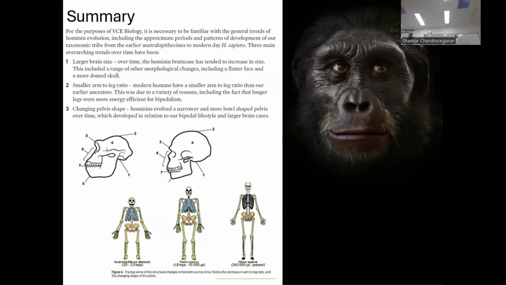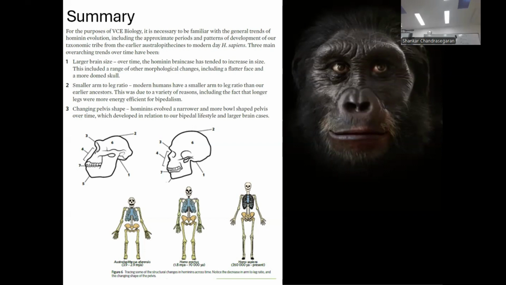So the three main changes and overarching trends that you can see over time are the ones that we've looked at, which are larger brain size, which is basically the fact that over time, hominin brains increased in size from Australopithecus all the way to modern Homo sapiens, where there was a threefold increase in brain size. And that meant that there were a lot of other morphological changes that occurred to support that increase. Basically, the changes in the skull structure.